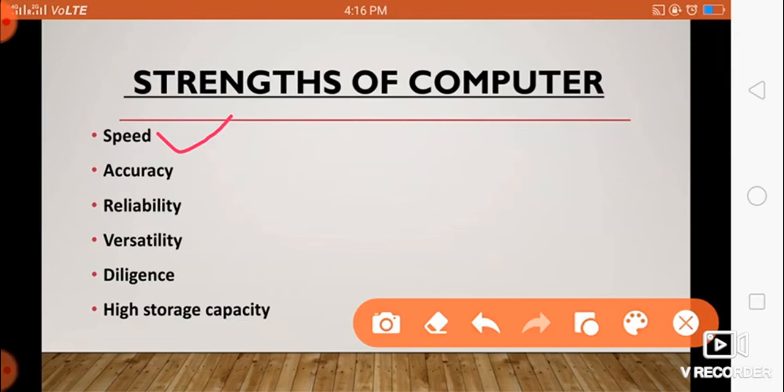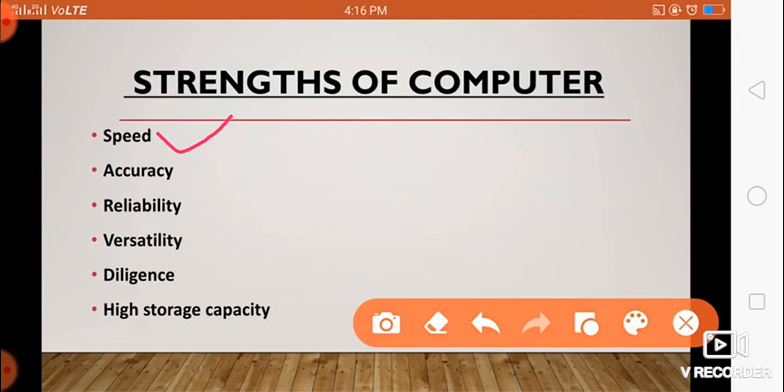But as a machine, a computer can work with full accuracy always, so we can rely on the machine. And next is versatility. Versatility relates to the variety of tasks that a computer system performs. As a computer system can perform a variety of tasks, it is a versatile machine.